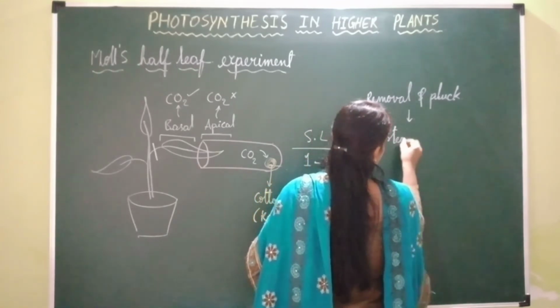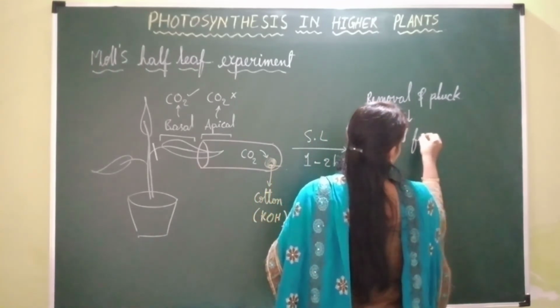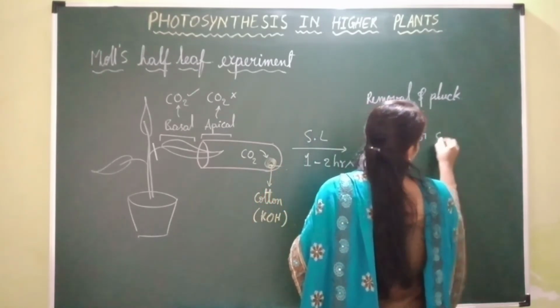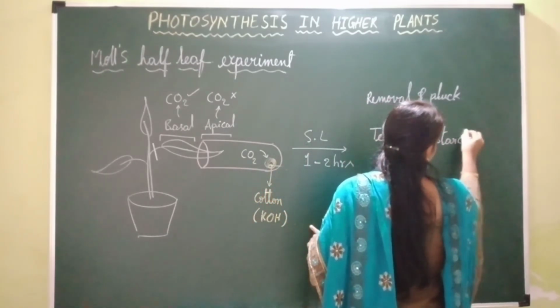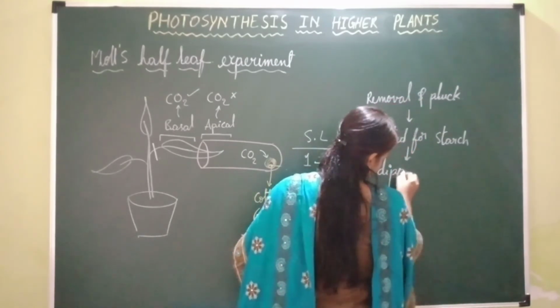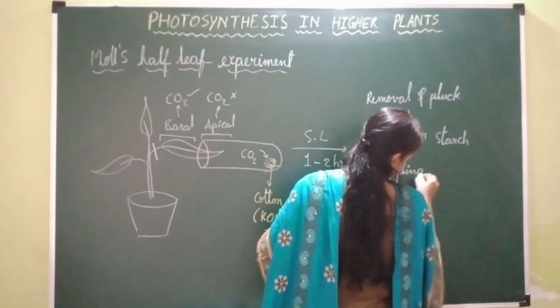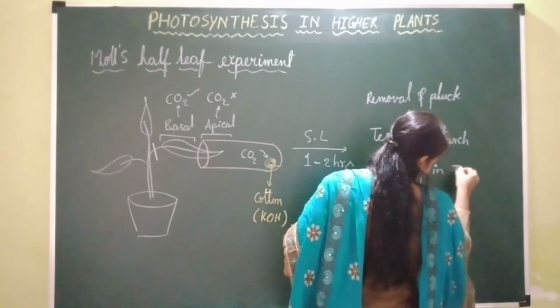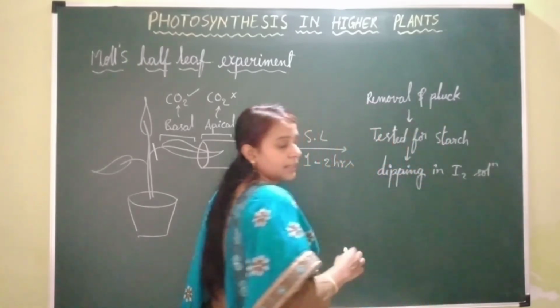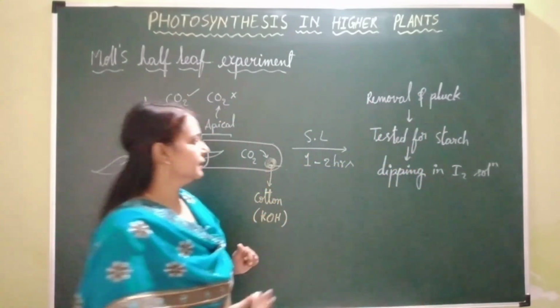How is it tested? Again, by dipping it in iodine solution. When it is dipped in iodine solution, what happens? Iodine reacts with starch, resulting in the appearance of blue-black color.